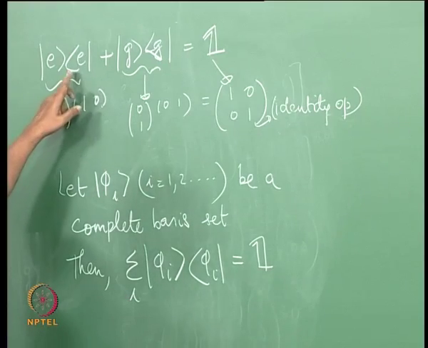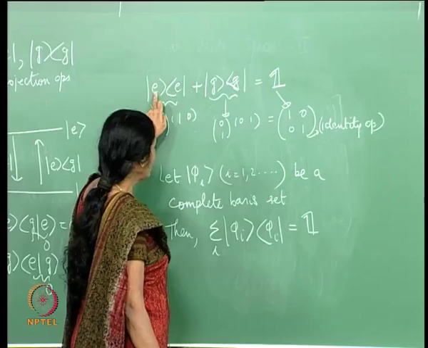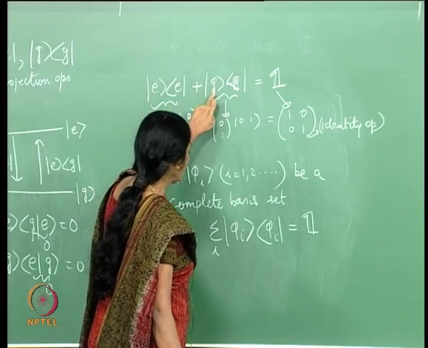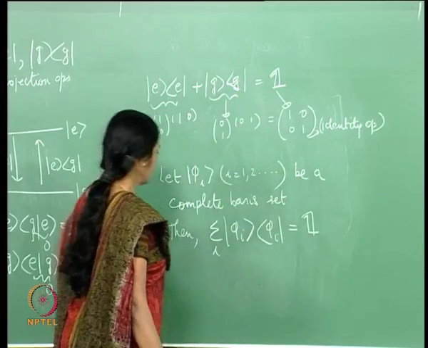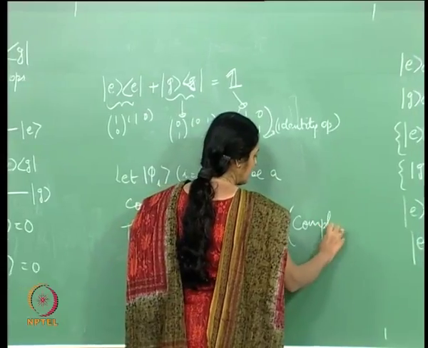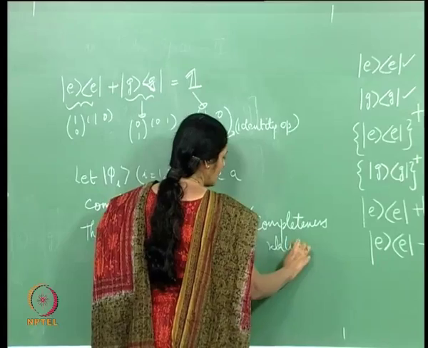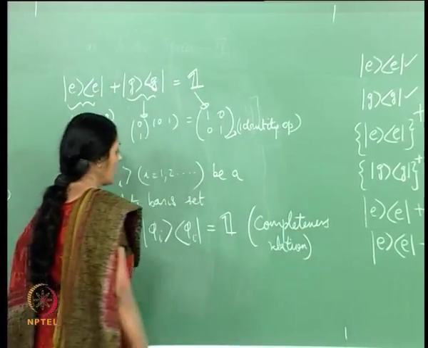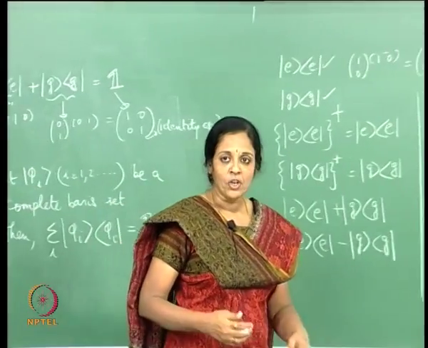And here in our problem, i simply takes values 1 and 2, phi 1 being e and phi 2 being g, and therefore this relationship is evident. This is called the completeness relation, and what I have demonstrated to you is the completeness relation in the context of the atomic system.